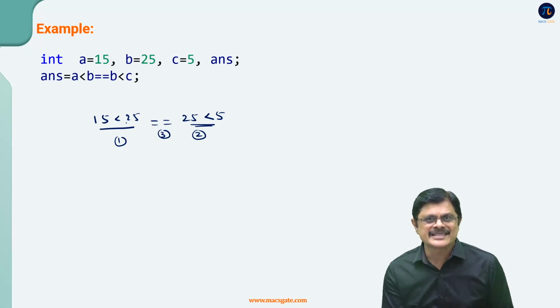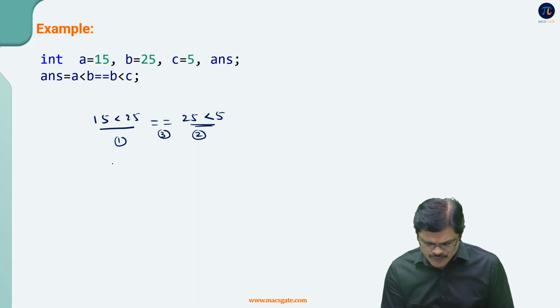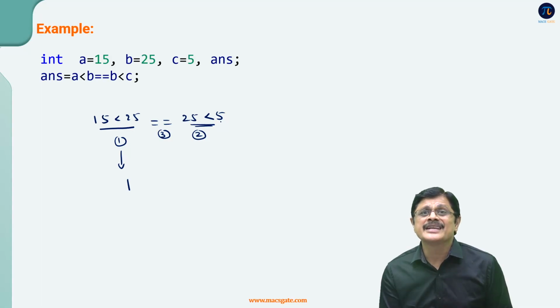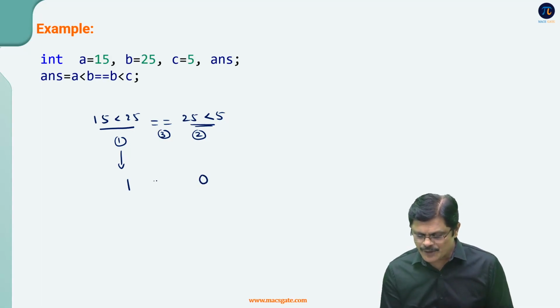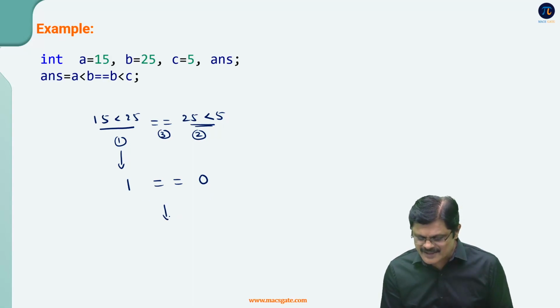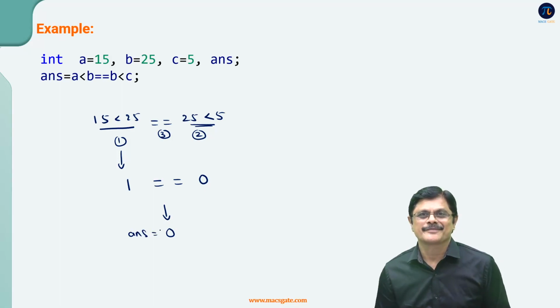So first 15 < 25, is it true or false? 15 < 25 is true, so it returns 1, and 25 < 5, it is false, so it returns 0. Now you are comparing 1 with 0. 1 is equal to 0? No. So it returns 0. So answer value will be 0, my dear friends. Let us try this program.